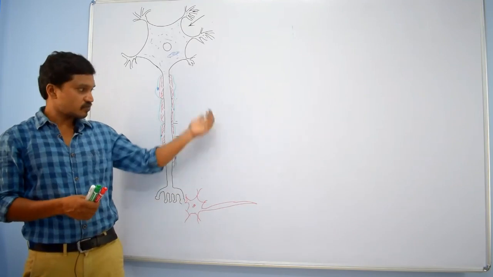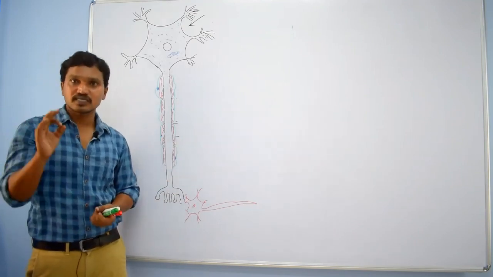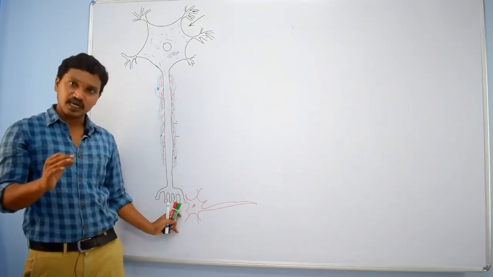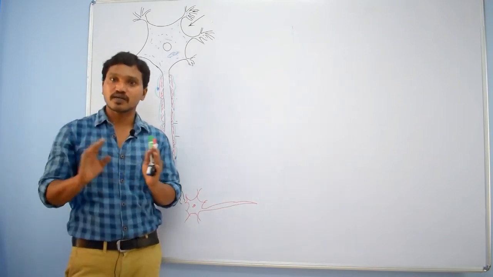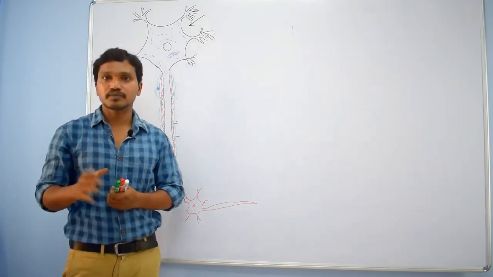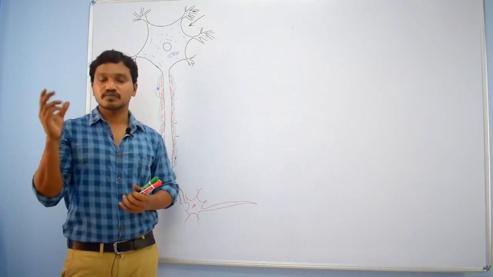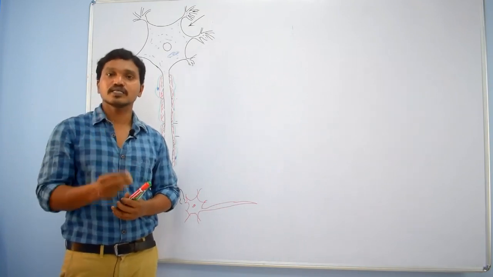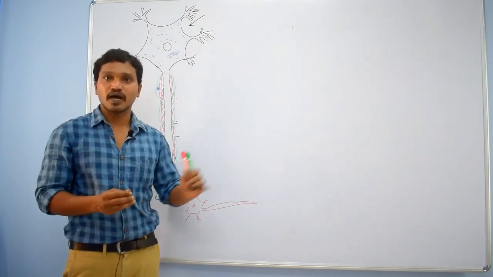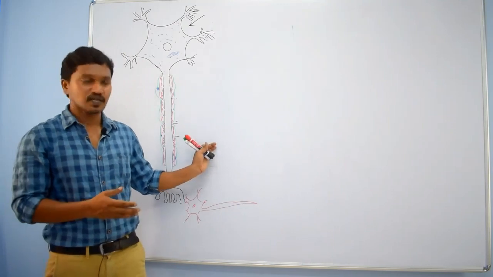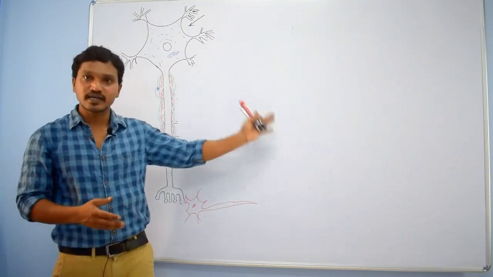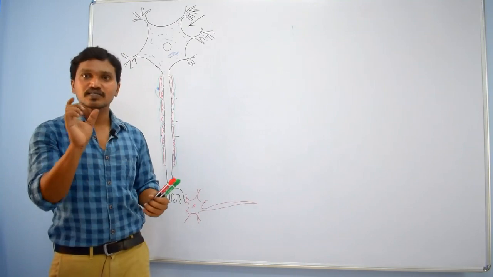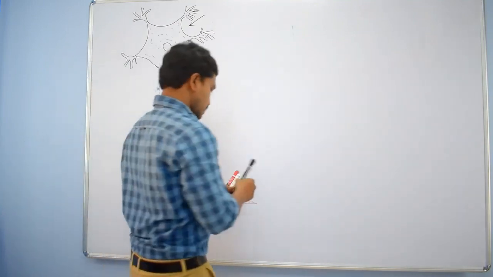Actually, if you want to discuss synapse, it takes one class. It's very lengthy. But for completion of all the small basic things regarding the nervous system, I am giving the introduction here. I will not go into detail, I will just give a basic idea about synapse.